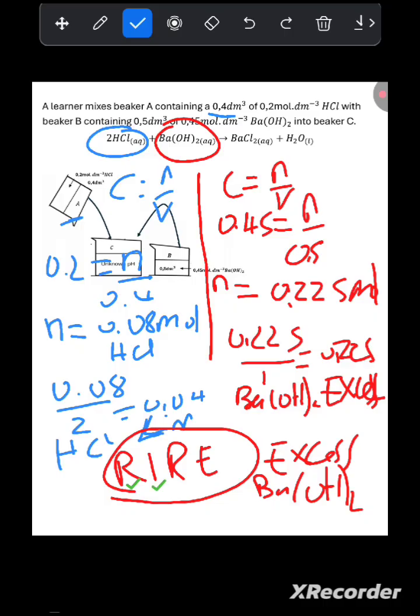The initial number of moles must be known so that you can get the excess number of moles. This part is just guiding you on the formula: initial is equal to reacted plus excess. So now we're going to get the reacted number of moles using ratio. The reacted moles of what? Of the base.